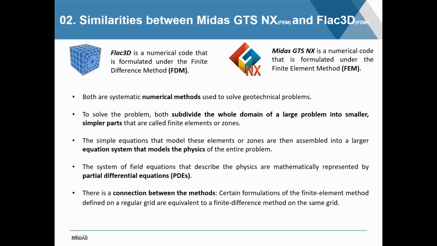How they solve these partial differential equations is what we're going to be covering from here on out, what makes the big difference in the programs. But the last and most important point is that there is a connection between the two methods: certain formulations of the finite element method, defined following certain rules or regular grids, can be equivalent to those of the finite difference method, and hence it's possible to link them up.